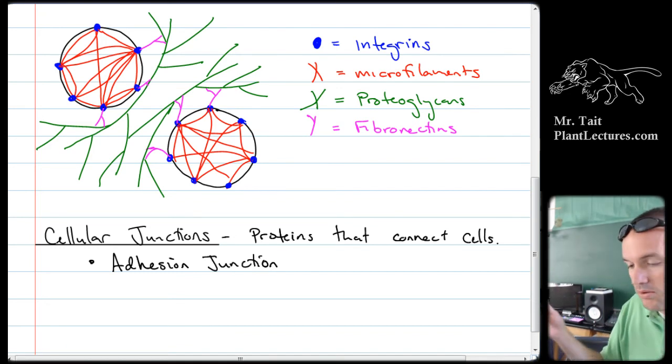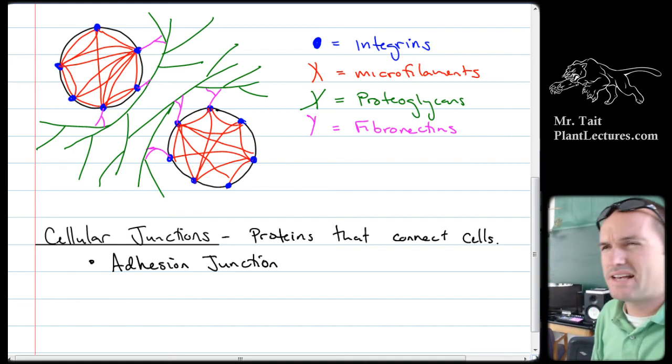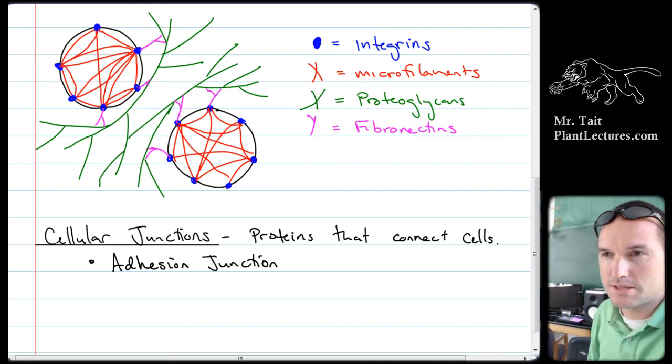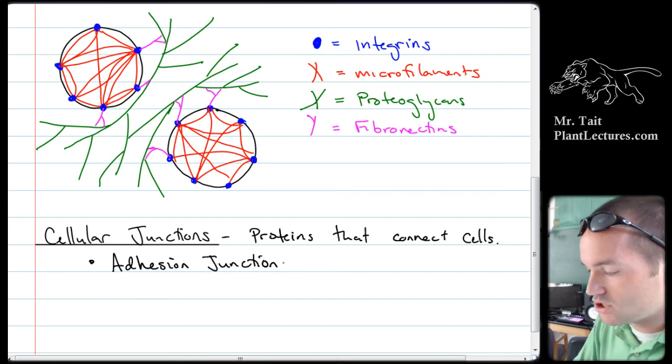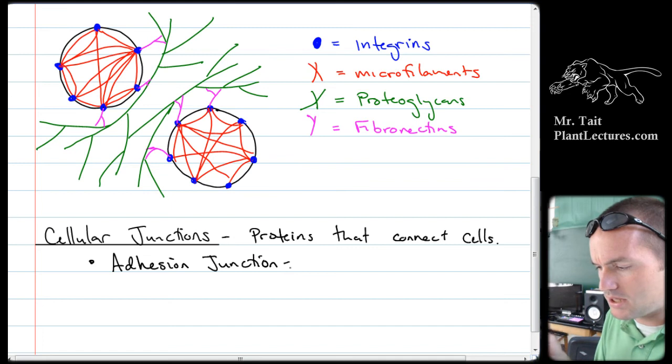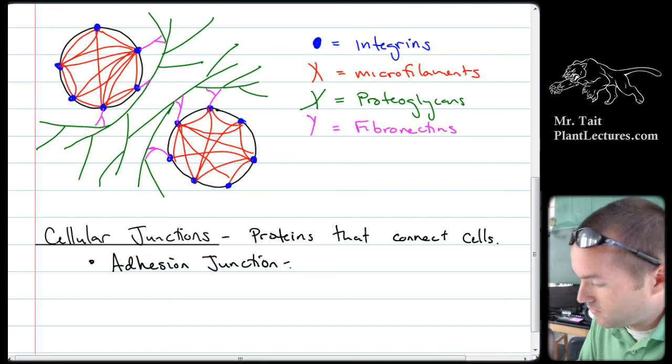Depending on which book you read, you may see adhesion junctions used as a generic term, or you may see them used as a specific term. I prefer them more as a generic term. Okay, so adhesion junctions are just specific proteins that will adhere or hold two cells together.